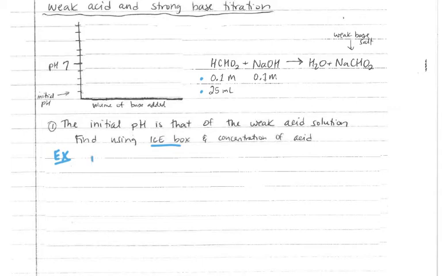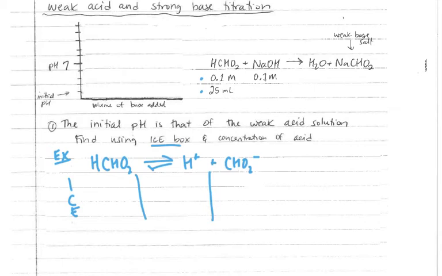To figure out the concentration of hydrogen and the pH, we've got to use an ICE box. HCHO2 will partially dissociate into H plus and CHO2 minus. And if we make an ICE box, initially we have a concentration of 0.1 molar, 0 and 0. These will go down, the products will go up by X, and so at equilibrium we'll have a concentration of 0.1 minus X, X, and X.